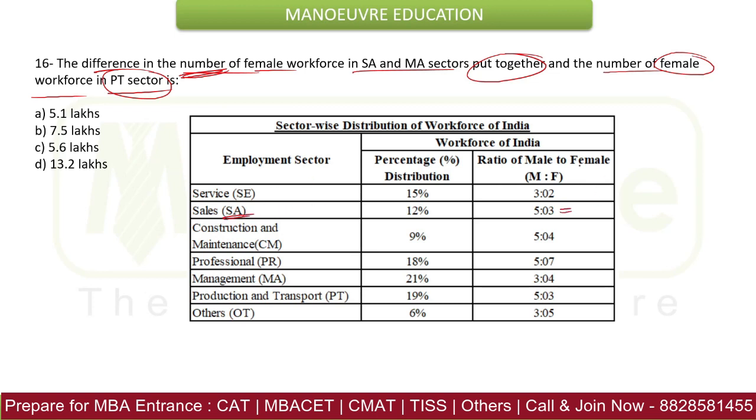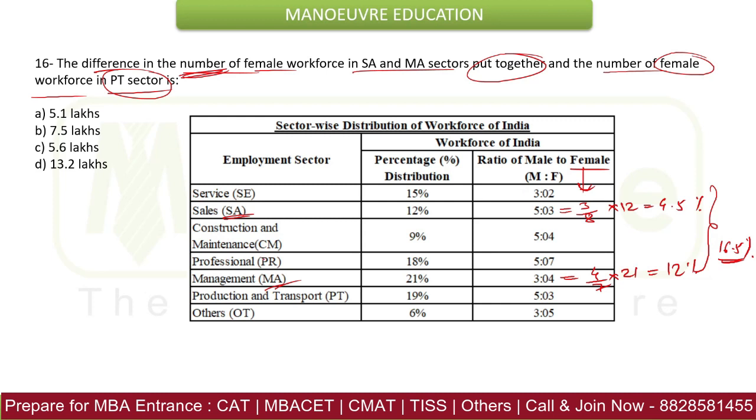With respect to females, in SA sales sector it will be 3 by 8 into 12, so that will be 4.5%, and in MA management sector for females it will be 4 by 7 into 21, so that will be 12%. So together this will be 16.5 with respect to females.